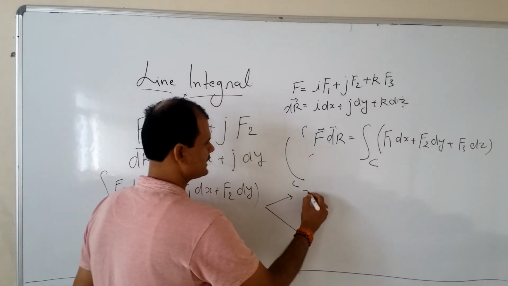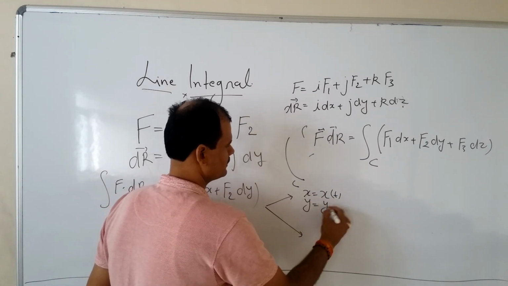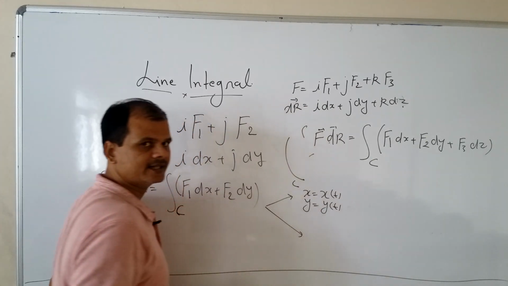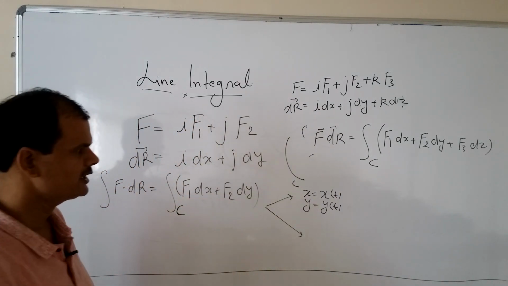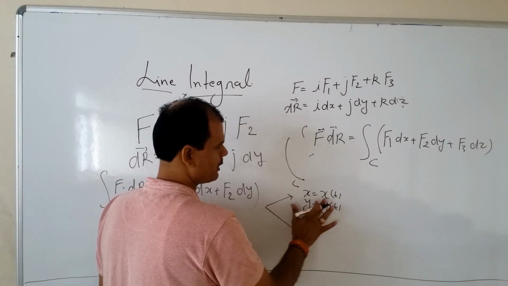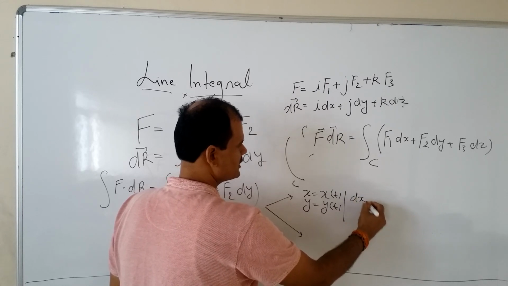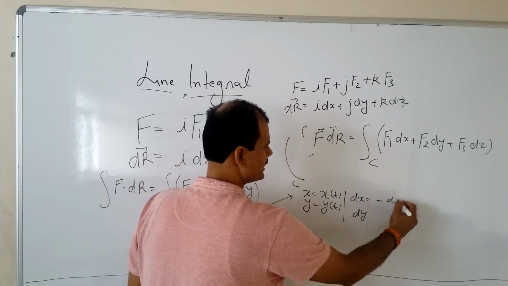Let x be some x(t), y be y(t). Then x will be in terms of t, y will be in terms of t, then dx and dy also we can get in terms of something dt, right?